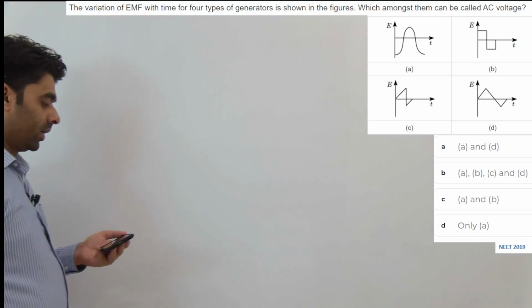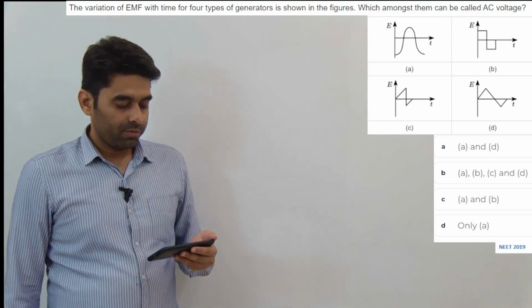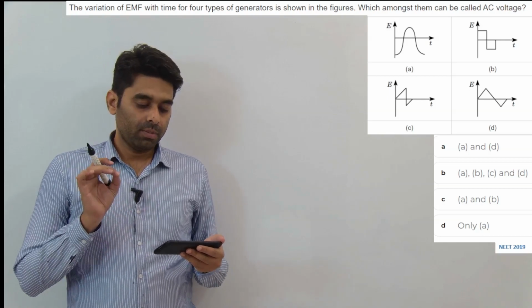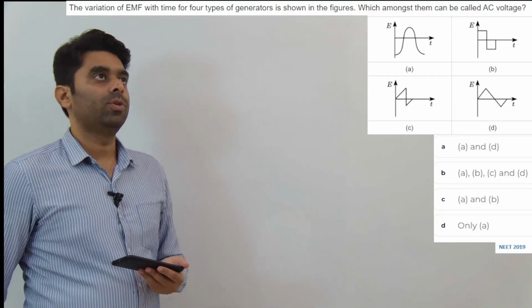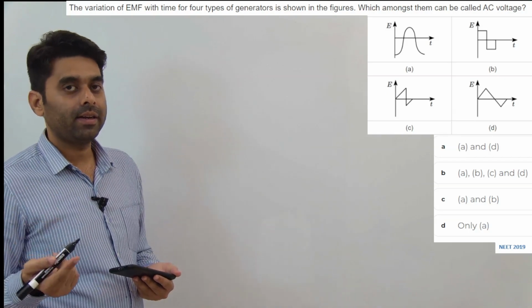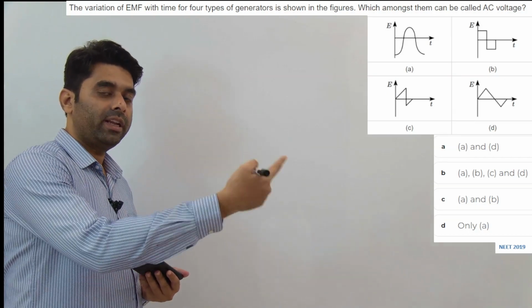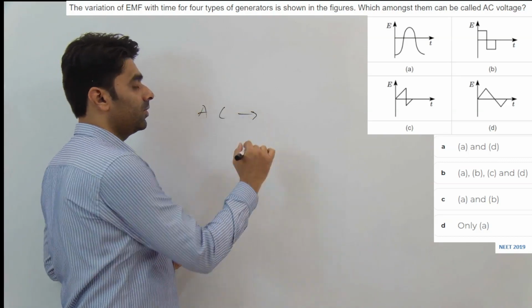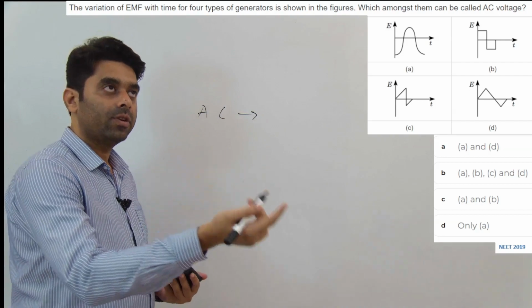The variation of EMF with time for 4 types of generators is shown in figure. Which among them can be called AC voltage? What do we understand by AC voltage? Alternating current, that is the voltage which is providing alternating current. By definition, AC means which changes its direction periodically.